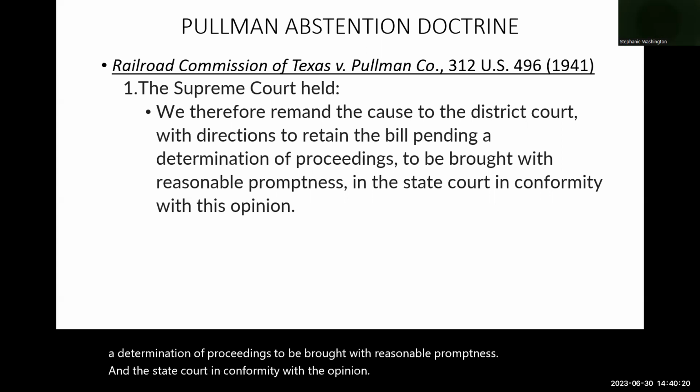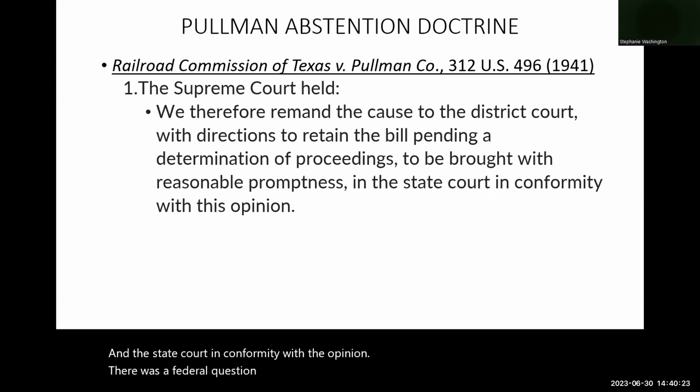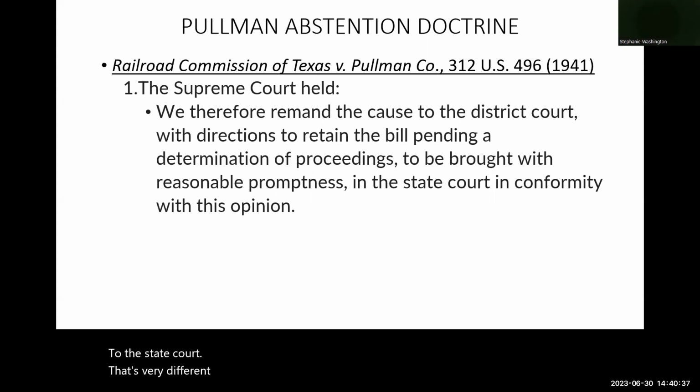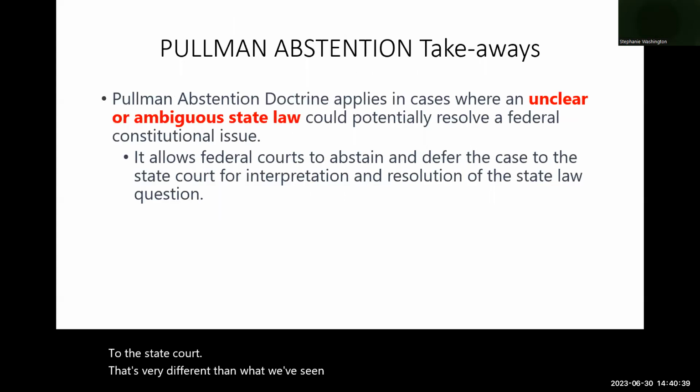There was a federal question. It was filed with federal question jurisdiction in the federal court, and the United States Supreme Court kicked it to the state court. That's very different than what we've seen thus far.